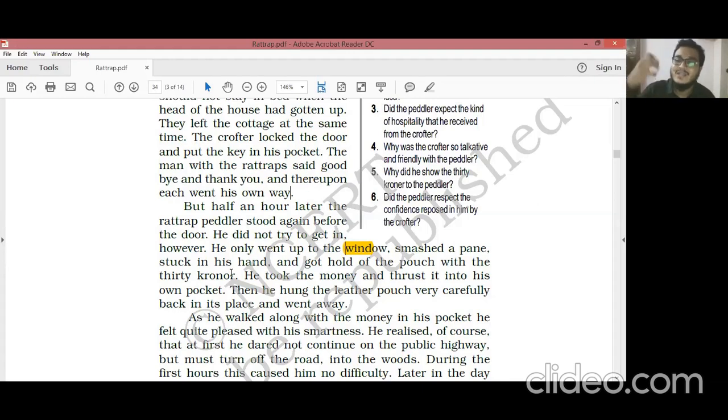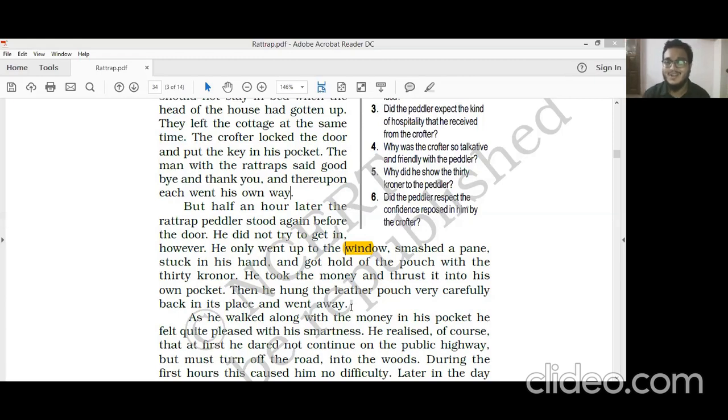He is doing thievery. He took the money, thrust it into his own pocket. Then he hung the leather pouch very carefully back in its place and went away.